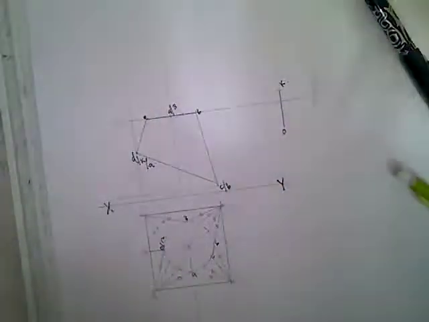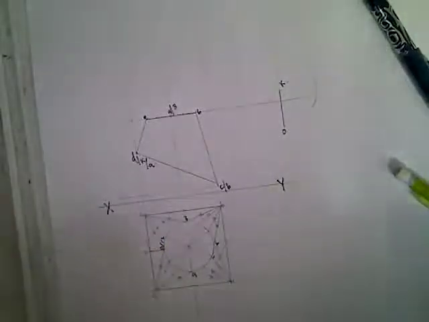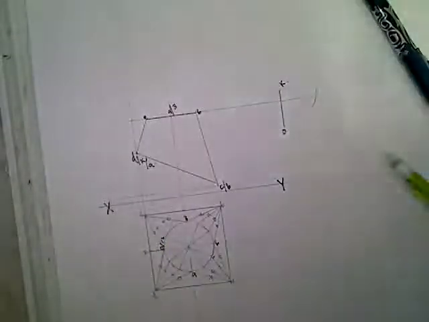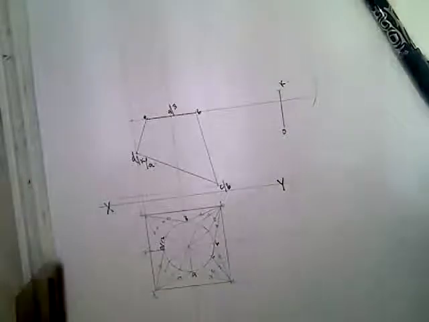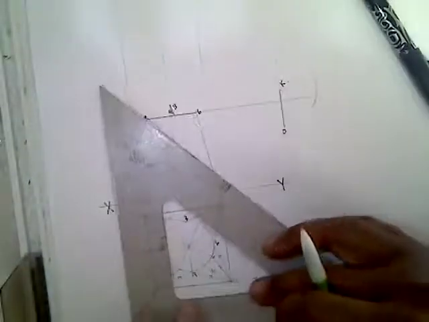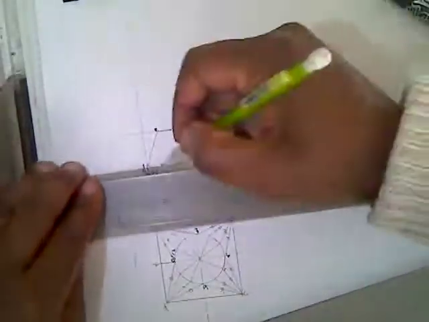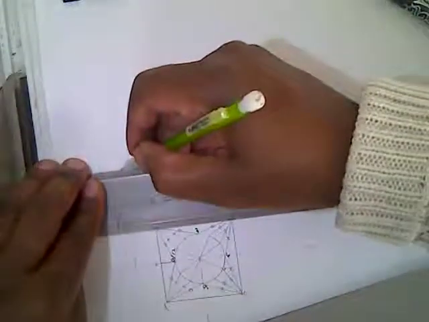A now is parallel to the ground line. A has moved to that side. And then I transfer my A that is parallel to the ground line up there. Where is A? A was here. Now it has moved to there.